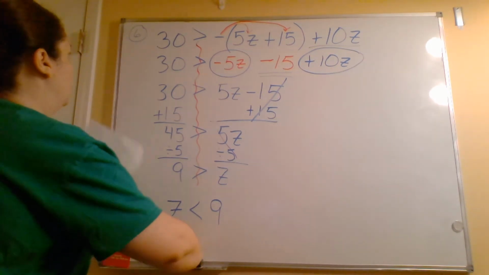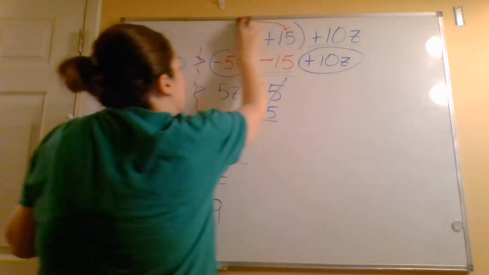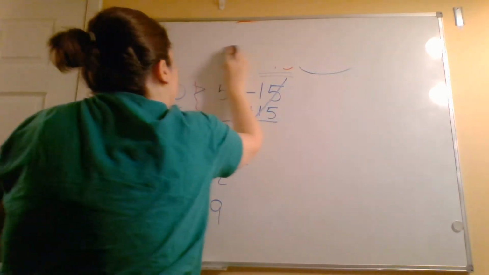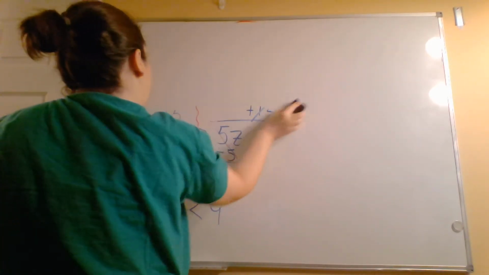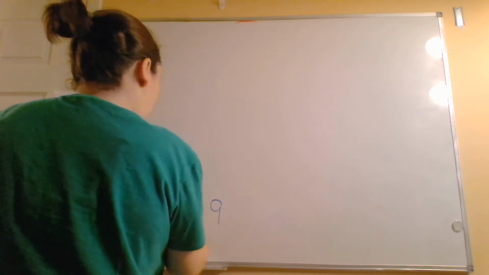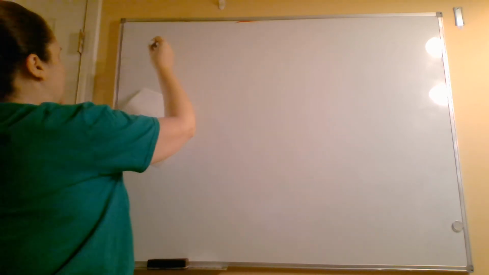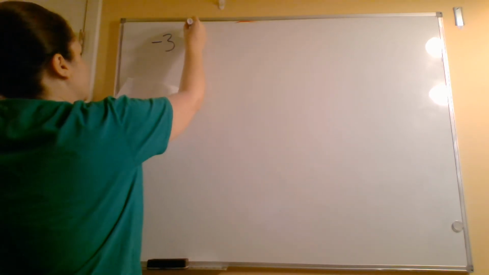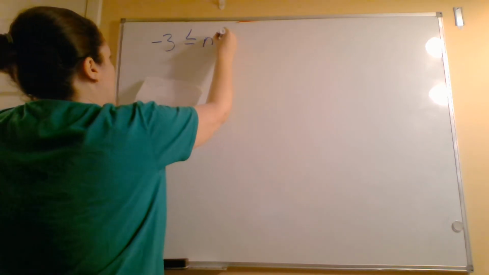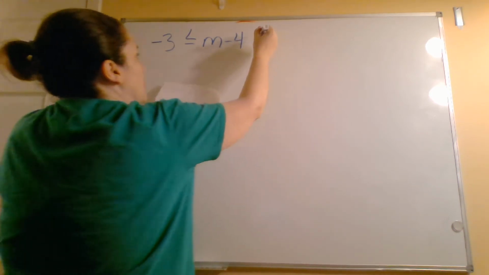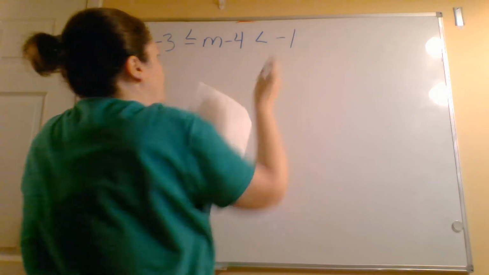The next problem is a compound inequality that I ask you to solve and also write in interval notation. So we have to solve negative 3 is less than or equal to m minus 4 is less than negative 1.